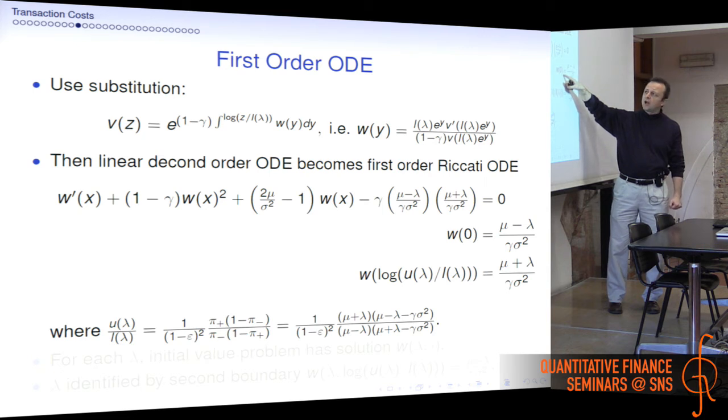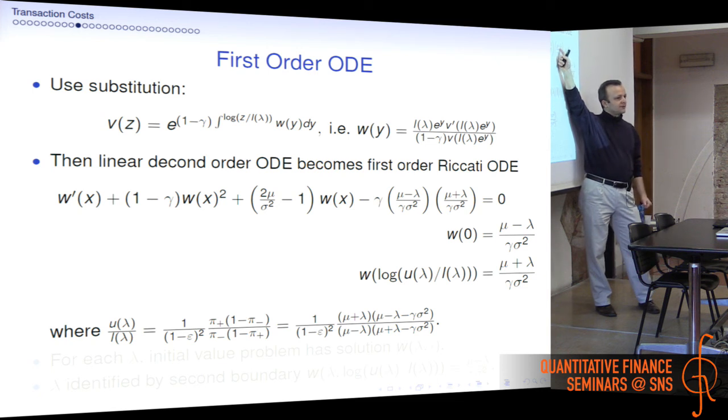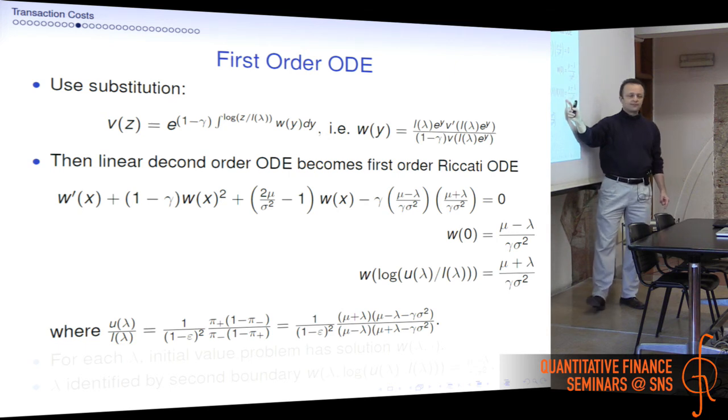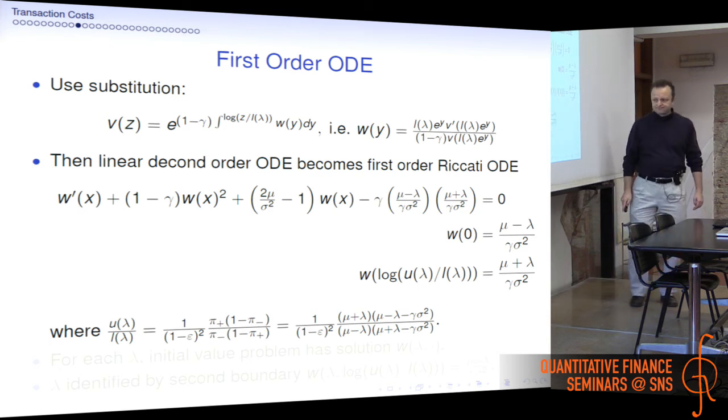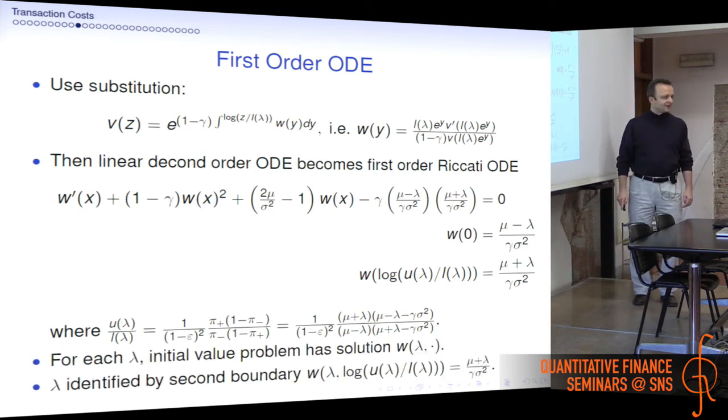And of course, the solution to this ODE will depend on lambda. So we can try for different lambdas the solution for this ODE, and then we want that the right lambda also satisfies this boundary condition. And this is how we identify the lambda. You can also implement this numerically. It's not very difficult.